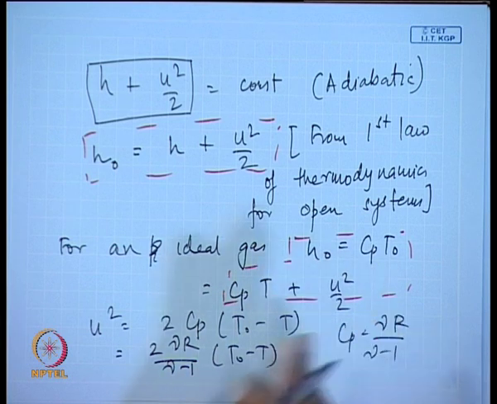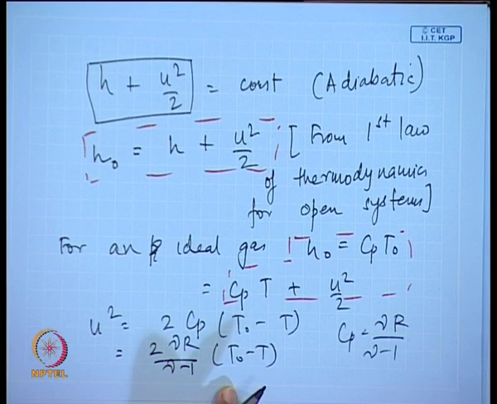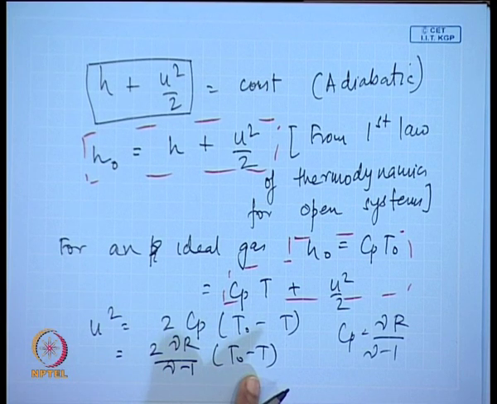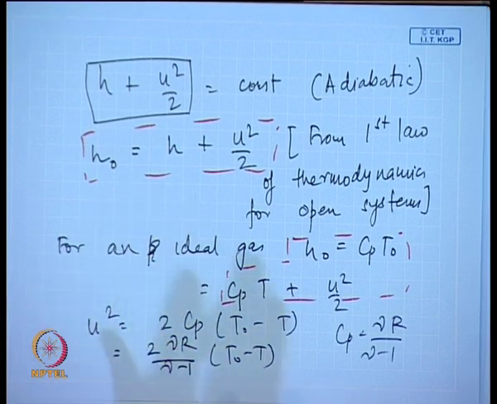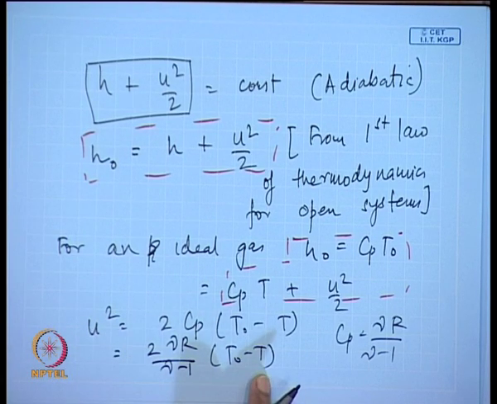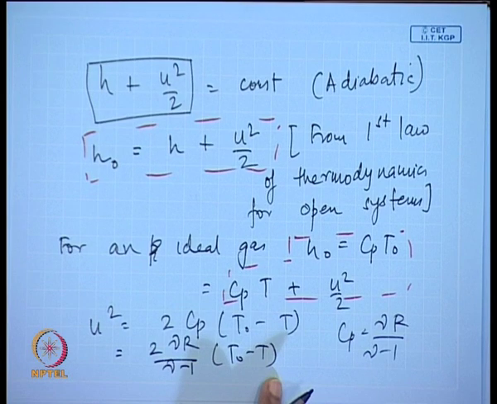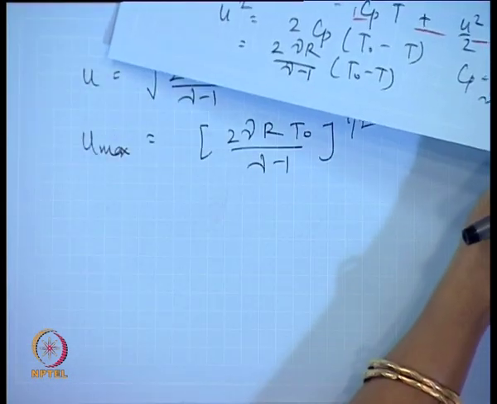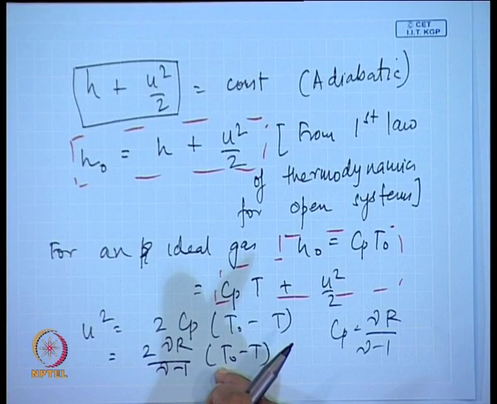And what about this? This gives us a relation between the fluid velocity and the local temperature under adiabatic conditions. Everything we are talking about is just adiabatic. So this just gives you a relation between the local velocity and the local temperature under adiabatic conditions.